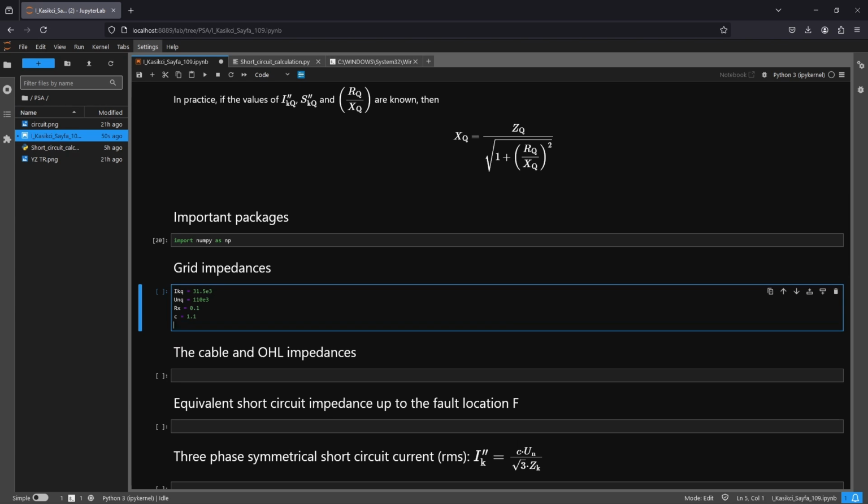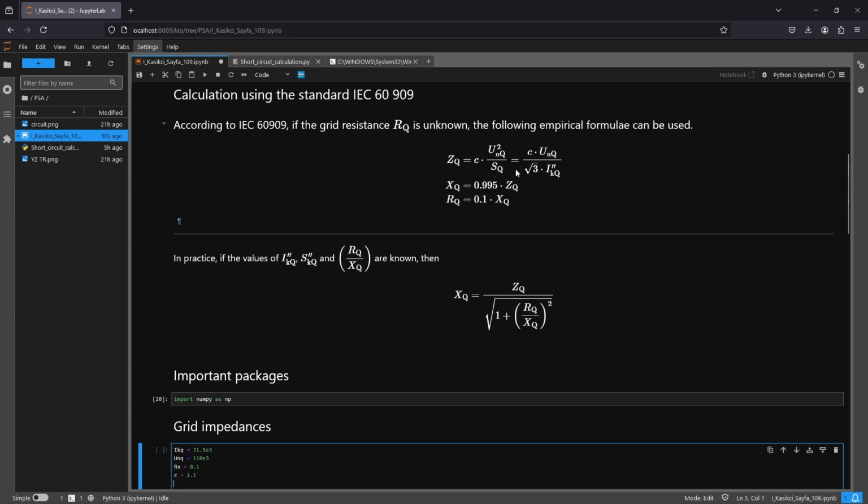Let's first implement this equation, the second part of the ZQ calculation, which is c times U divided by square root of 3 multiplied by the short circuit current.